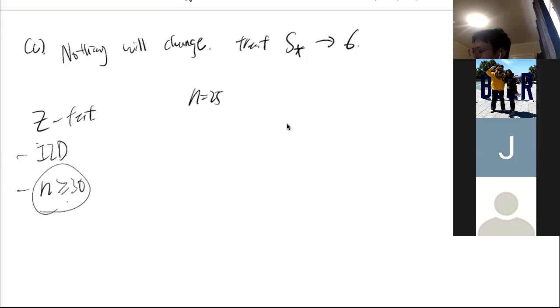So that's a two-sided test. If my question were whether the coin is biased toward heads, then that would be a one-sided test, because I would just be looking at whether the probability is greater than 0.5. But right now I'm looking at whether the probability is not equal to 0.5.